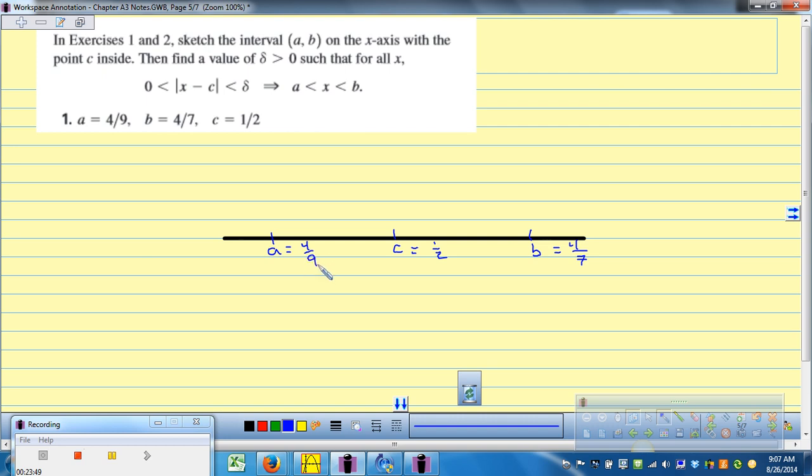And we want to find the delta that would hold for our definition. So basically, what do we need to do? Compare those, and pick the shorter one.